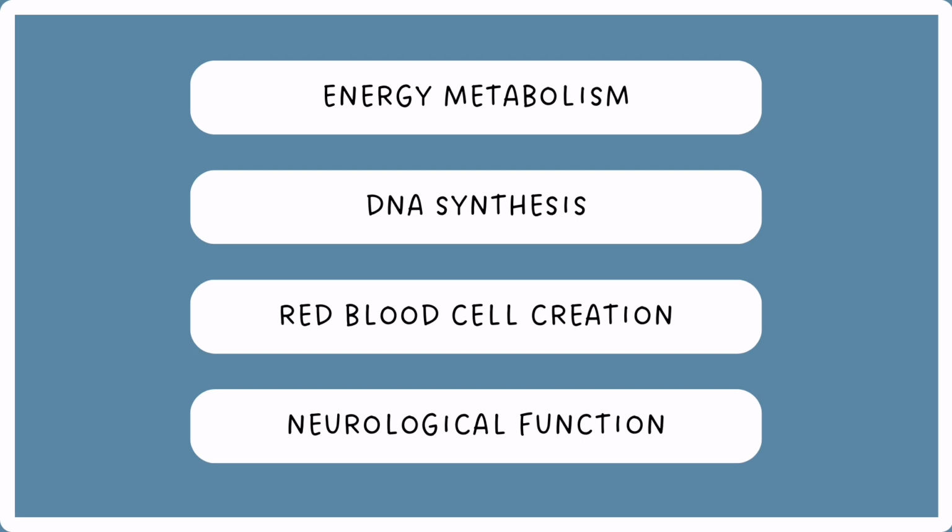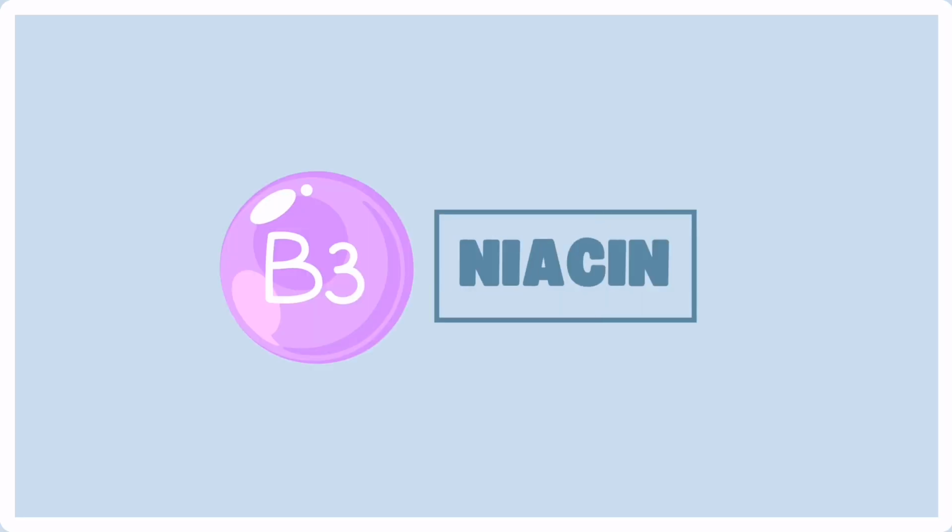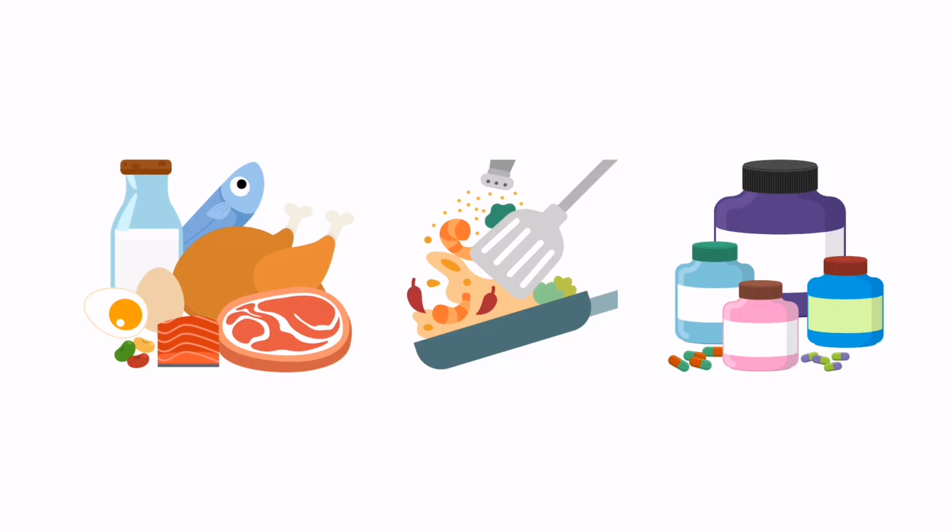Now, let us discuss the 4 of the 8 B vitamins that are required for the processes of beta oxidation, ketogenesis, and lipogenesis. Number 1, niacin. Niacin, often known as vitamin B3, is a water-soluble B vitamin that is naturally present in certain foods, added to foods, and supplied as a supplement.